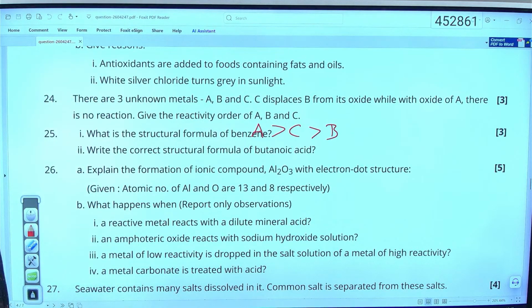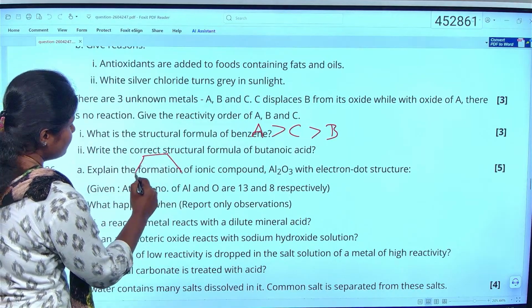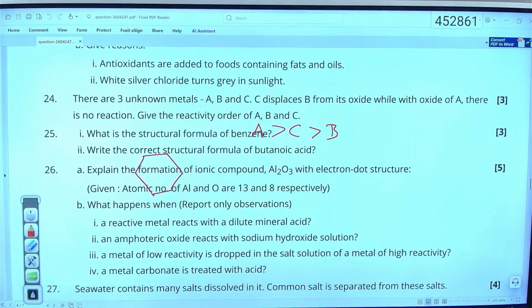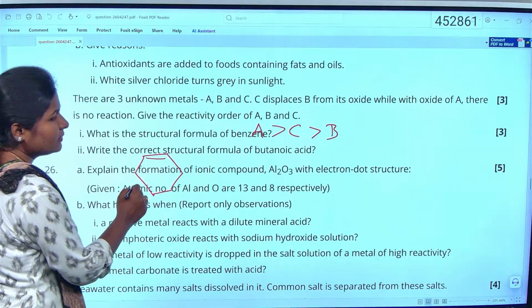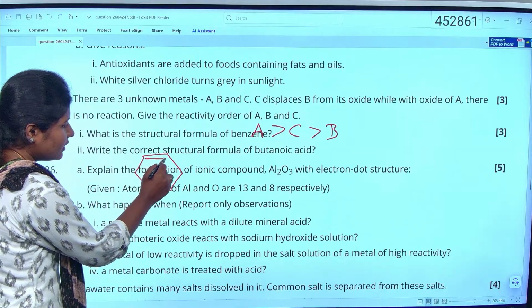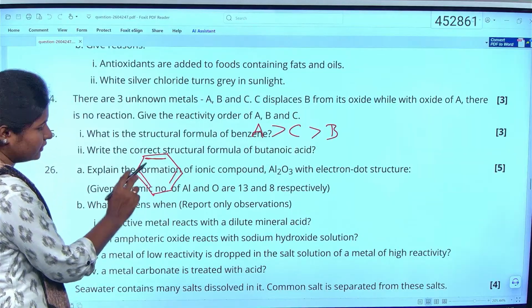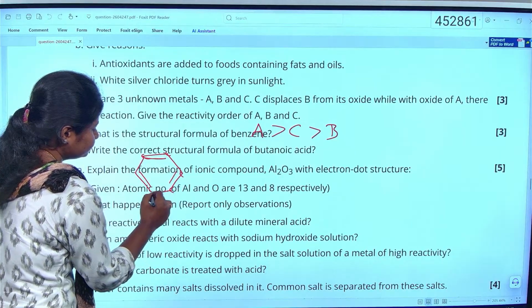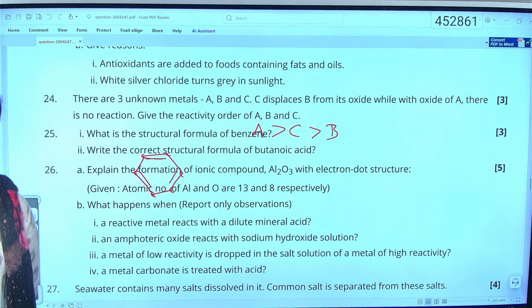What is the structural formula of benzene? Did you mention C? So you should draw one hexagon. Okay? After drawing cyclohexane, there must be alternate double bonds. What are alternate double bonds? If I draw a double bond here, you should not draw the next one here, draw it here. Alternate double bonds. Carbon, carbon here? Wait. What is the valency of carbon? 4.